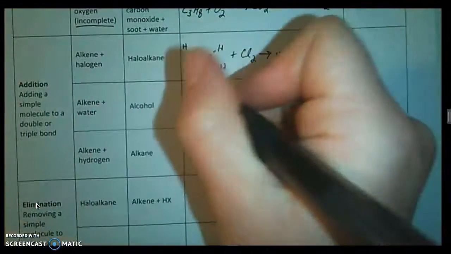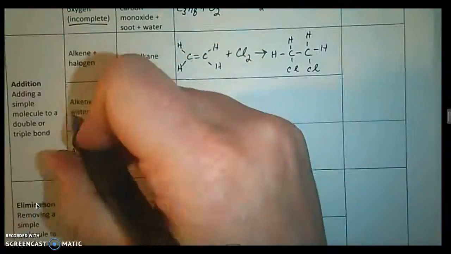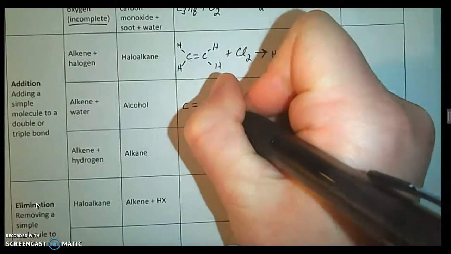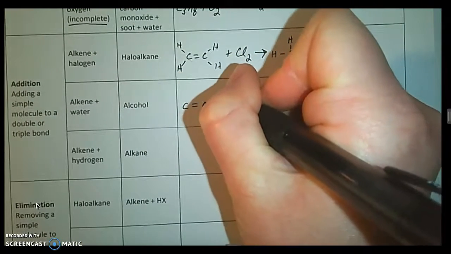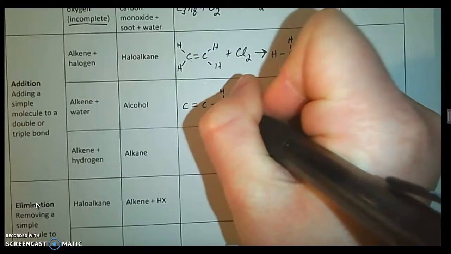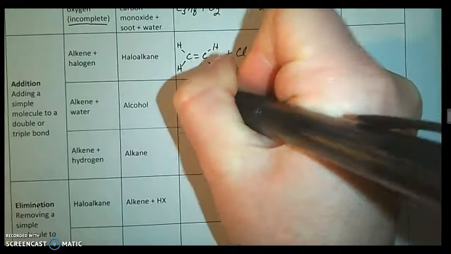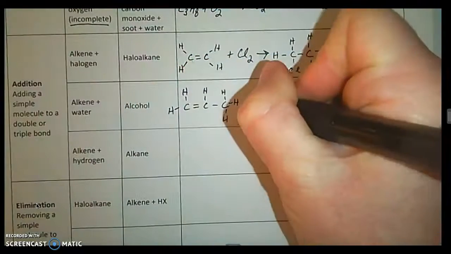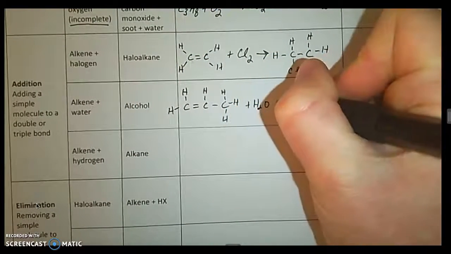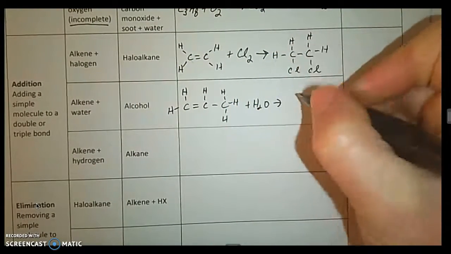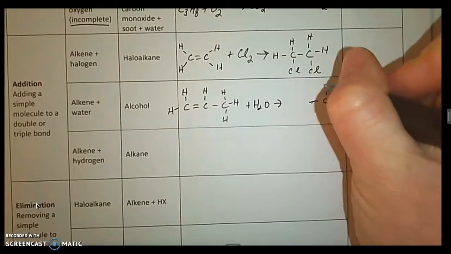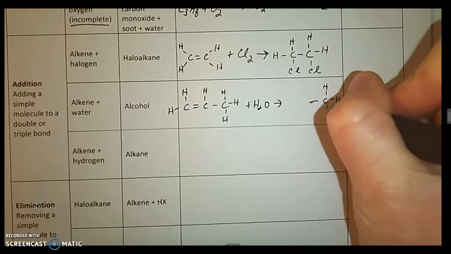So I can also do an addition reaction with water. So something like, let's do propene here, plus water, H2O. And here, once again, this end of my molecule stays the same.